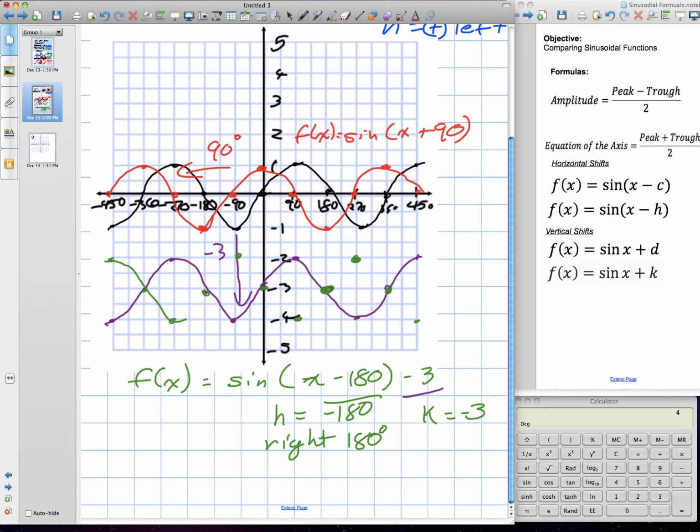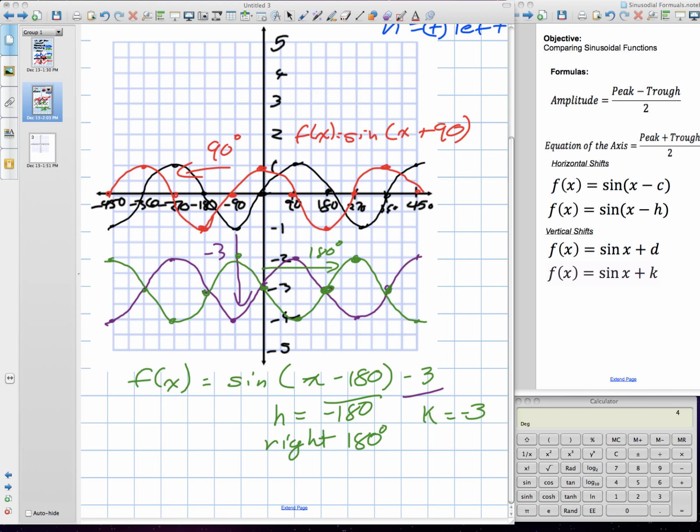Okay, so with a shift of 180, our 0 points are the same. The points that would normally be 0 would be the same. The green one has shifted 180 degrees to the right of the purple one.